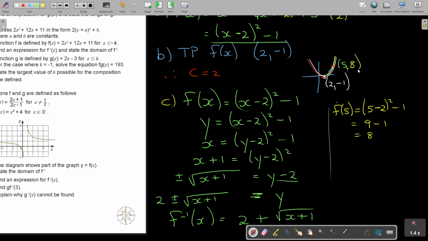So there is a reflection in the line y equals x. If this is f(x), then with a reflection f inverse of x, the coordinates of the point will swap around. So then it will be 8 and 5. So it will go on there from 8.